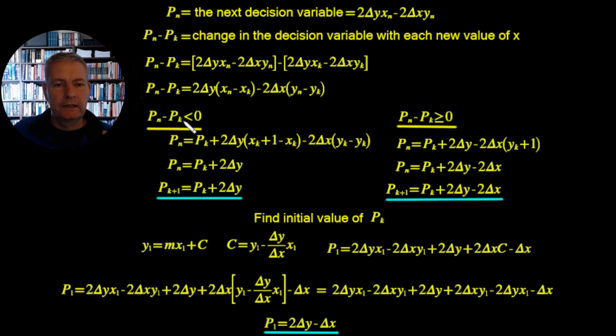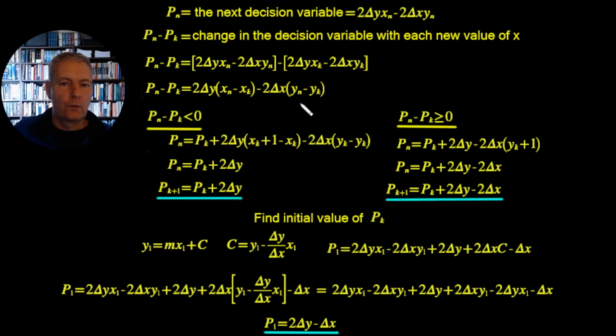So we replace those two options into these equations. We can take the pk value across, and we're going to have pk plus 2 delta y. Now the xk was the previous value, so it remains the same. But what's the next value? The next value for x is always going to be xk plus 1. It never changes. But in this instance, what is the next value for y?